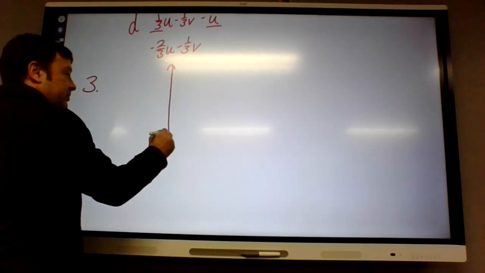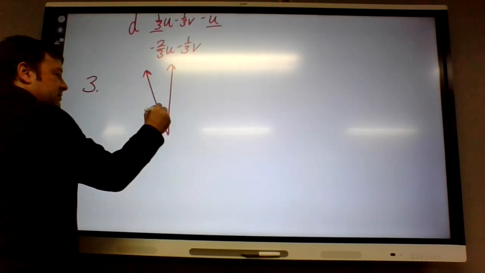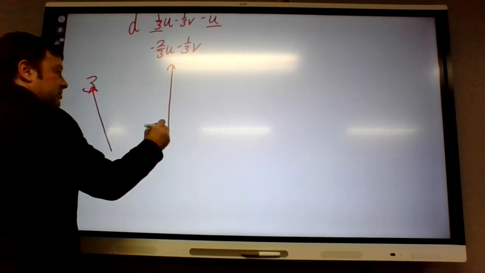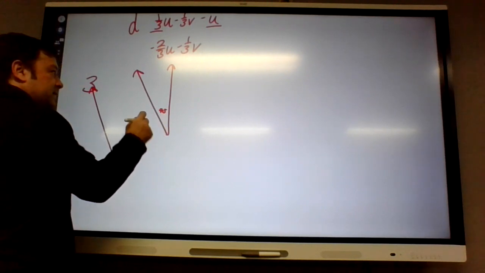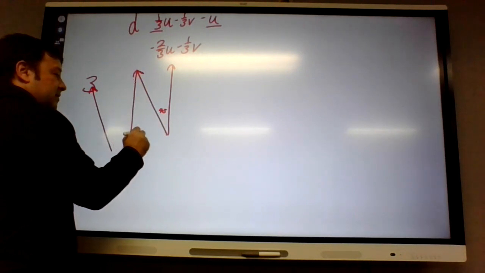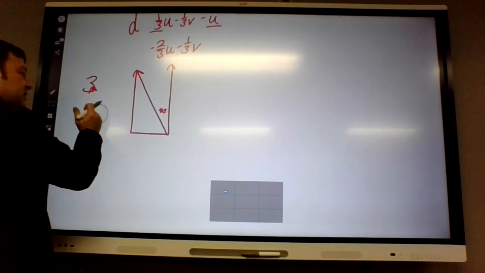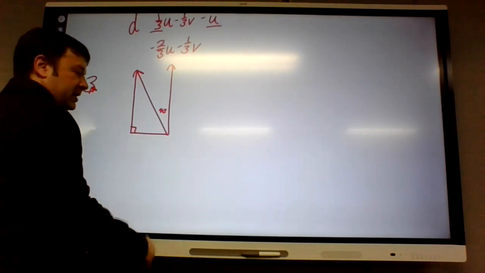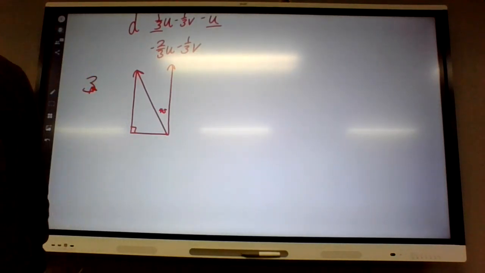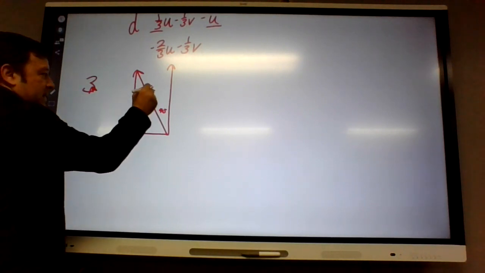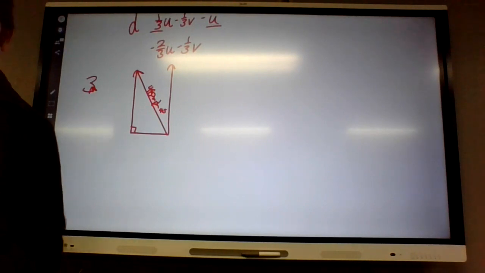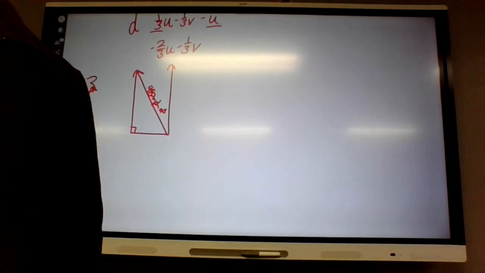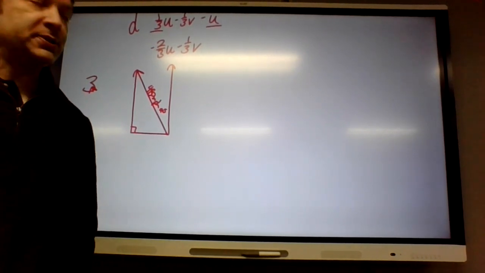So 320 would be about 40 degrees short of that, in the second quadrant, I guess you could say. The speed of the plane is 480 miles per hour. What are the north, south, and east, west components?